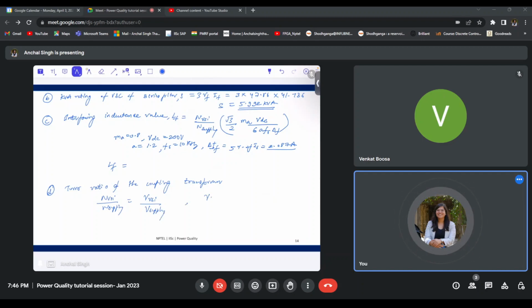Now we know that V supply side is equal to Vf, which is equal to 47.86 volts. Now we want to calculate the VVSI.